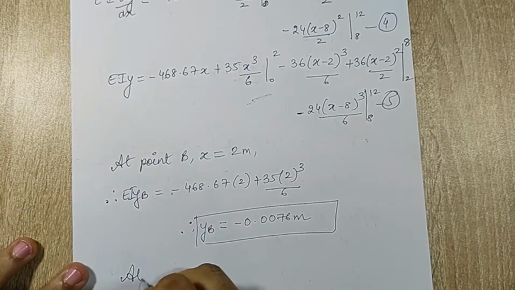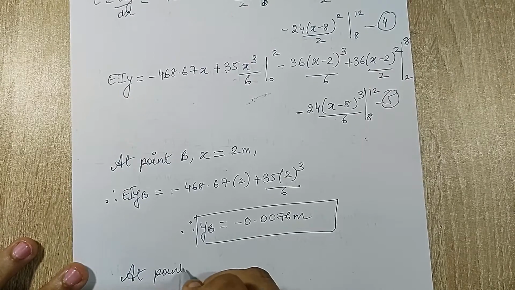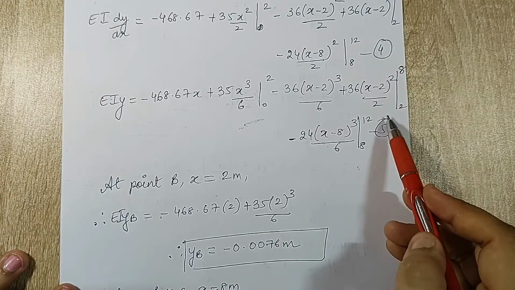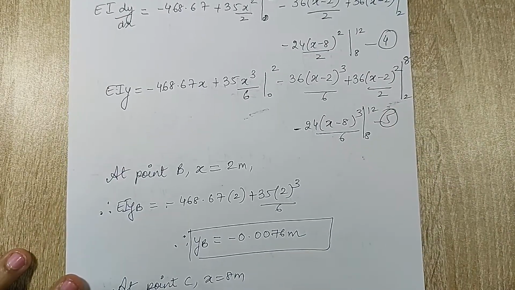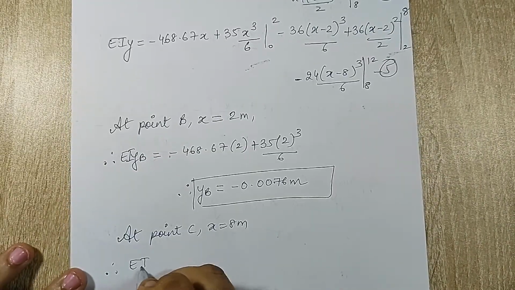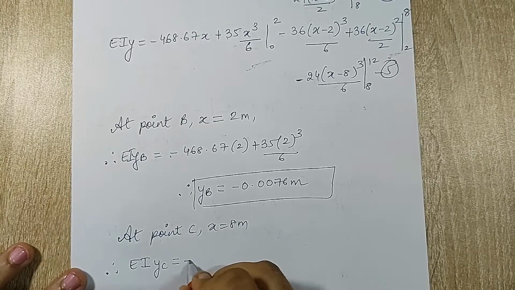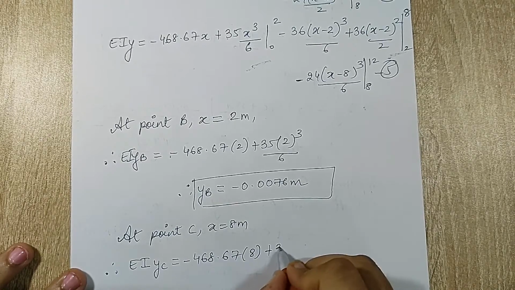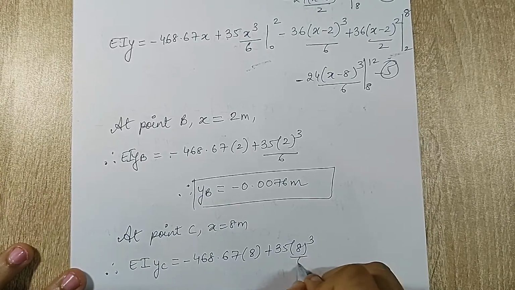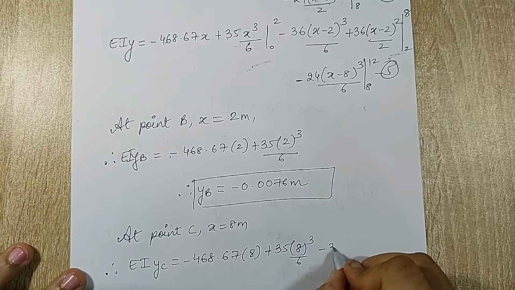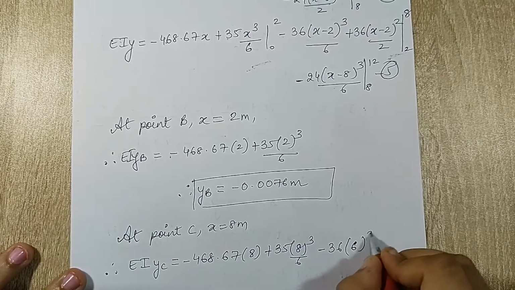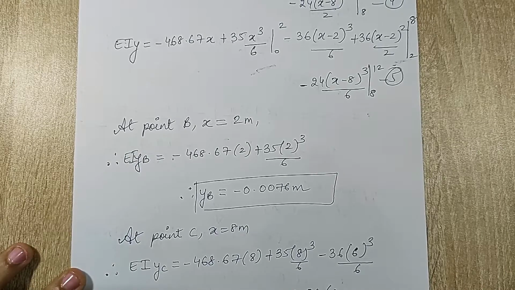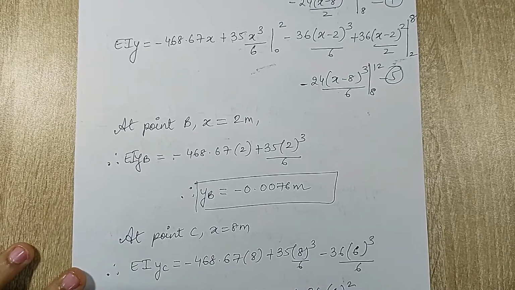Next, I'm going to calculate at point C. So at point C, the value of X is 8 meter. I'm going to write up to this point over here. So I'll have therefore EI YC is equal to minus 468.67 into 8 plus 35 into 8 cubed by 6, and I have minus 36 into 8 minus 2 is 6 cube upon 6 plus 36 into 6 square by 2.